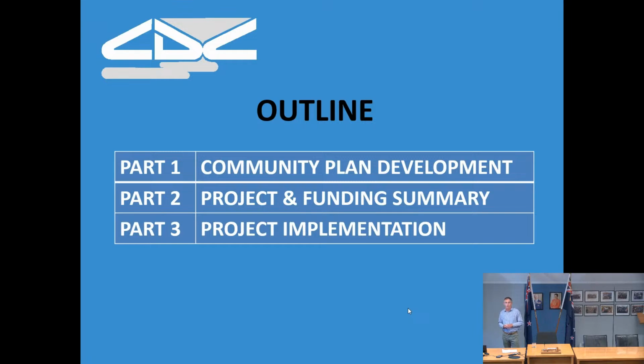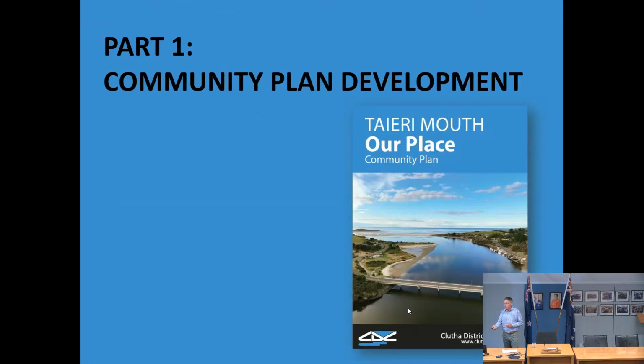And the third part is some examples of how we actually develop and implement those projects. I'm happy to take questions at the end of each of those parts, and then we'll have a more general discussion or other questions at the end. So we'll get underway. Thanks very much.